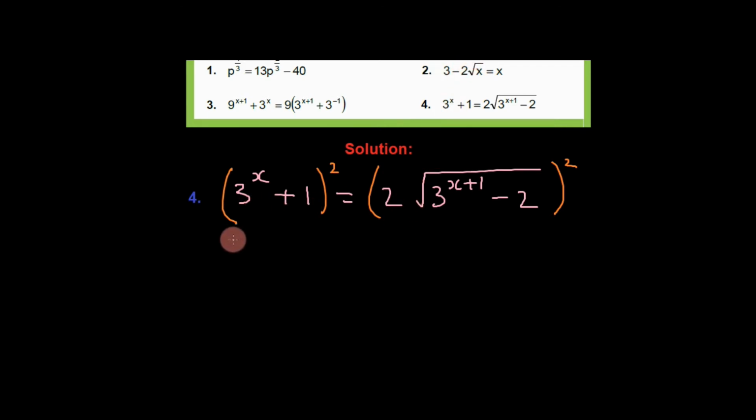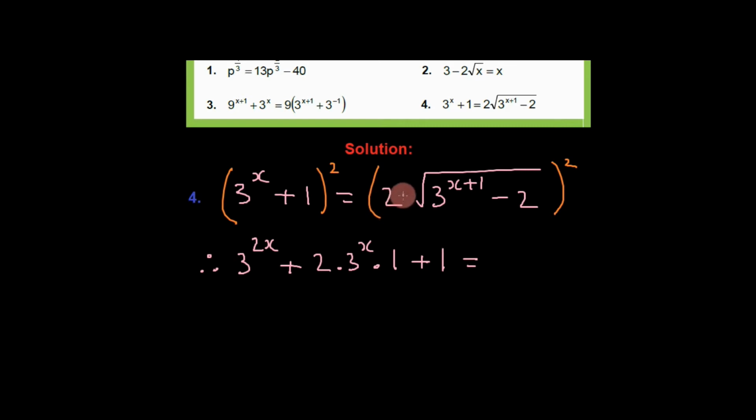So squaring out this binomial, it's a first term squared, so 3 to the x squared is 3 to the 2x. Then plus twice the first term times the second term plus the second term squared, so 1 squared, which is 1.